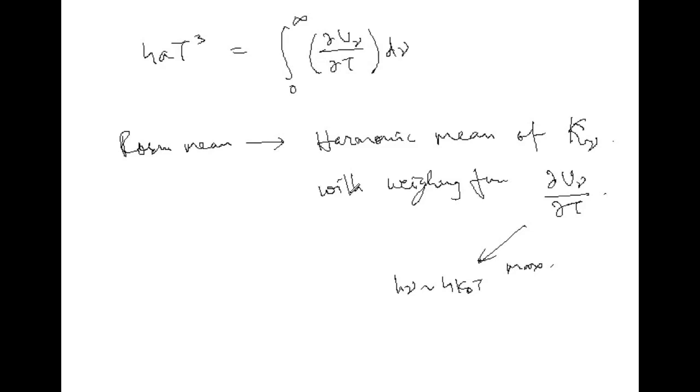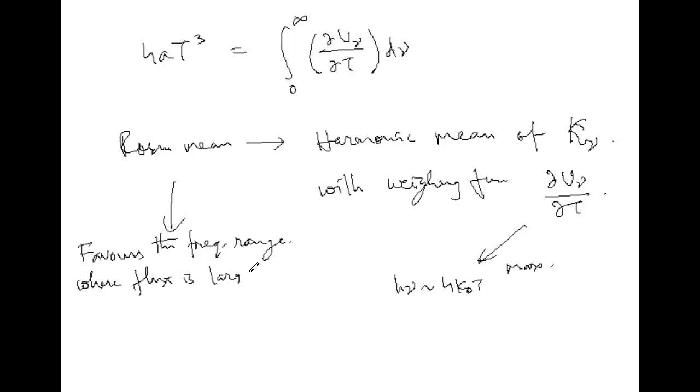So what this means is that the Rosseland mean favors the frequency range where flux is large.